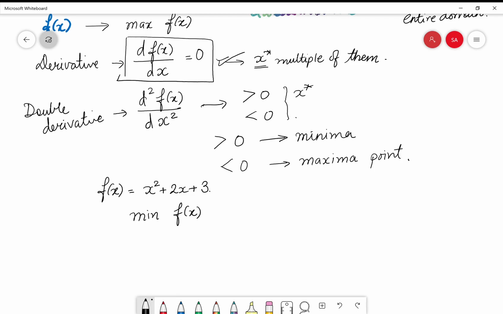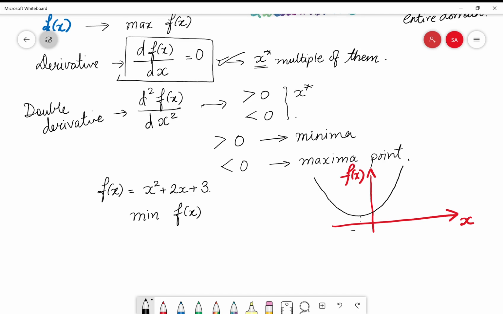Now let me first draw f of x, how it is going to look like. So this is my x-axis and this is f of x, and x square plus 2x plus 3 is going to be a parabola, and it is going to look something like this.